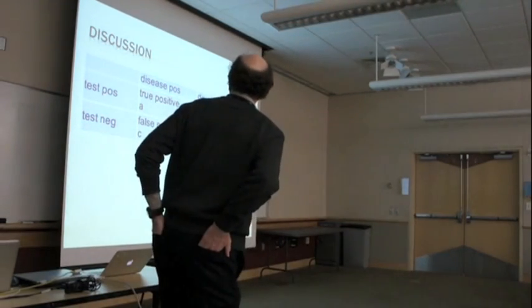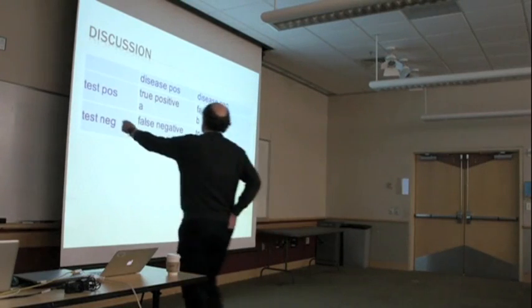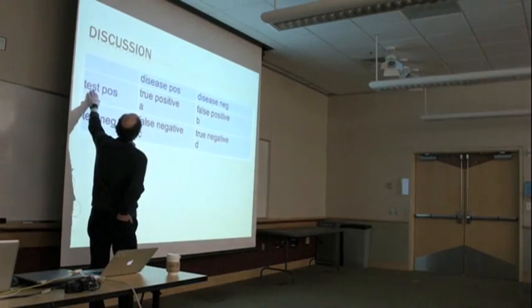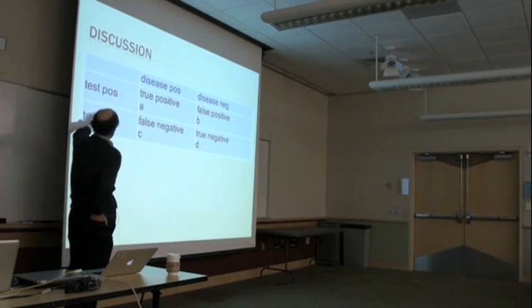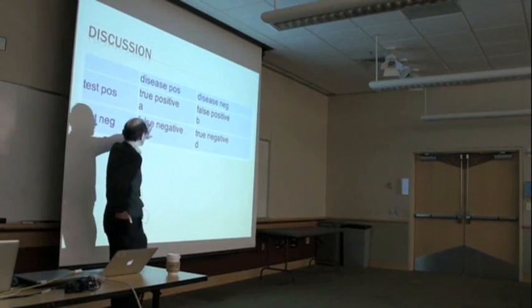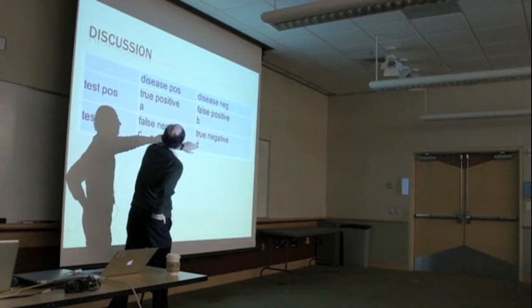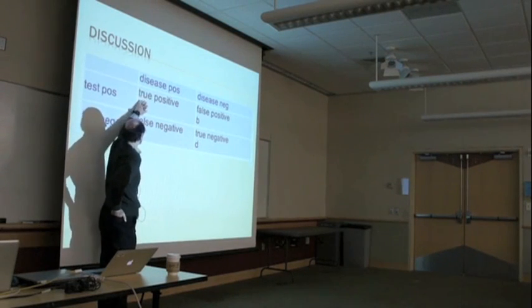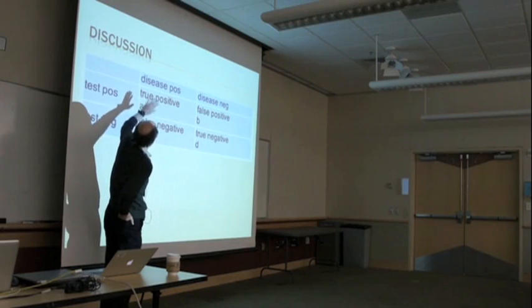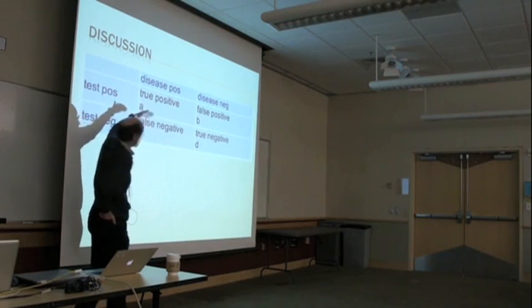And this shows that with a positive test, this could be either a true positive or a false positive. With a negative test, it could be a false negative or a true negative. The presence of disease could be either present or absent, both false and true.